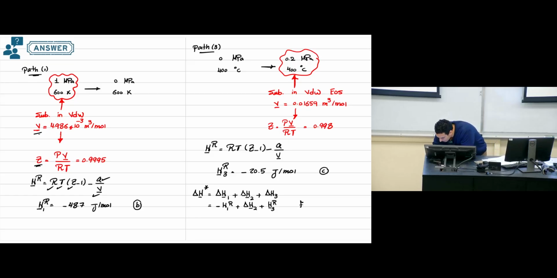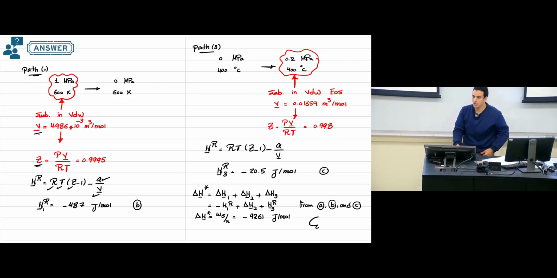So from A, B, and C, put all the numbers here, then we will see this delta H star, which is equivalent to shaft work divided by the number of moles. This one will be negative 9261 joule per mole, and this is what I need to calculate at the end.